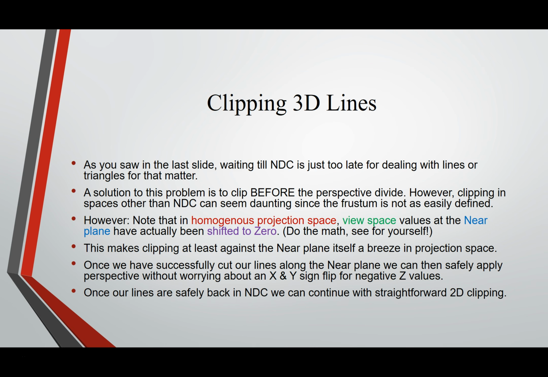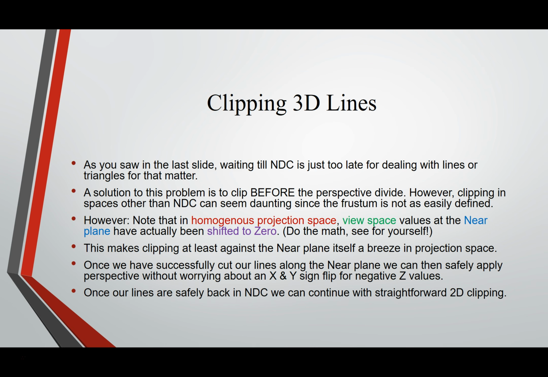So when you go before NDC, when you go into, say, world space or view space or projection space, well, where's the left-hand side? Where's the right-hand side? We could probably define those as planes, but the problem with those planes is they're no longer nice and easy and convenient values of just a simple x and a y.